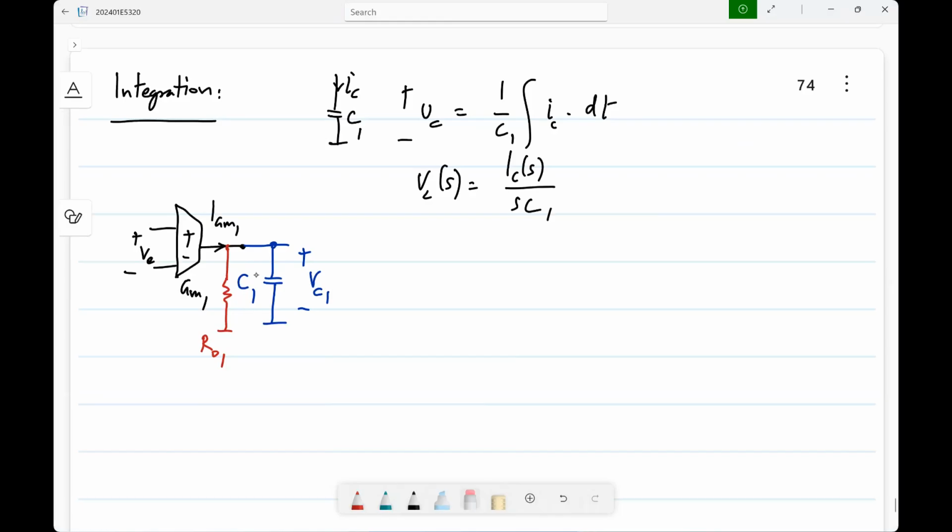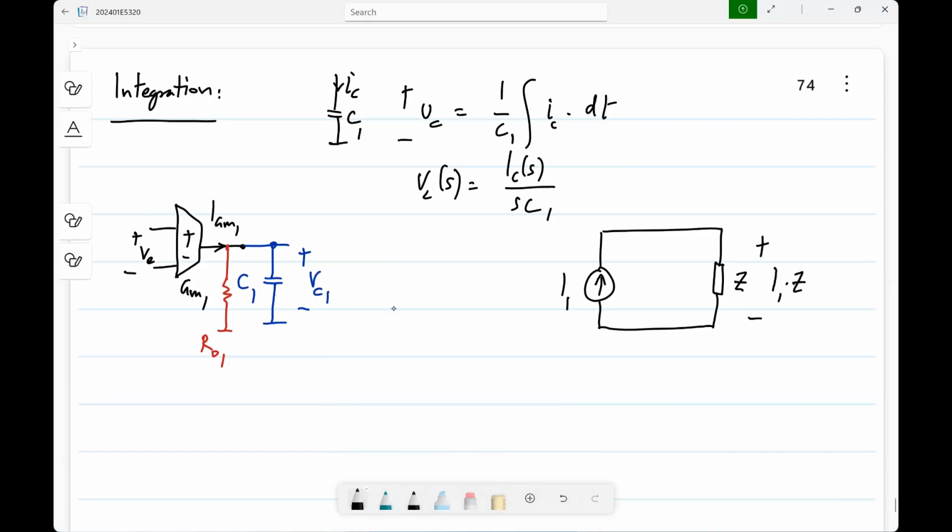This is a standard problem, right? You have a current and you have to convert it to some voltage by multiplying it with an impedance. Ideally, you will get I1 times Z. But if the current source has some internal resistance RO1, what will you get?